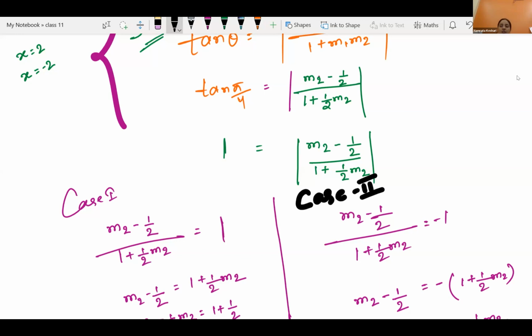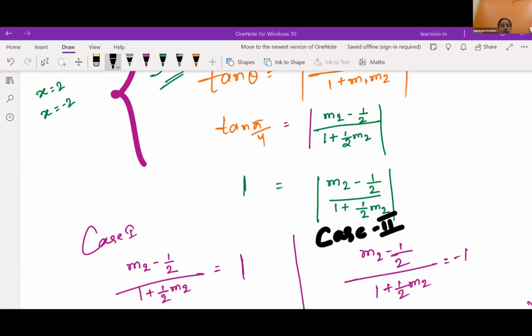What are your answers for m2? One by one. Nabila, are you done with solving? Solve it and tell me the m2 values one by one.